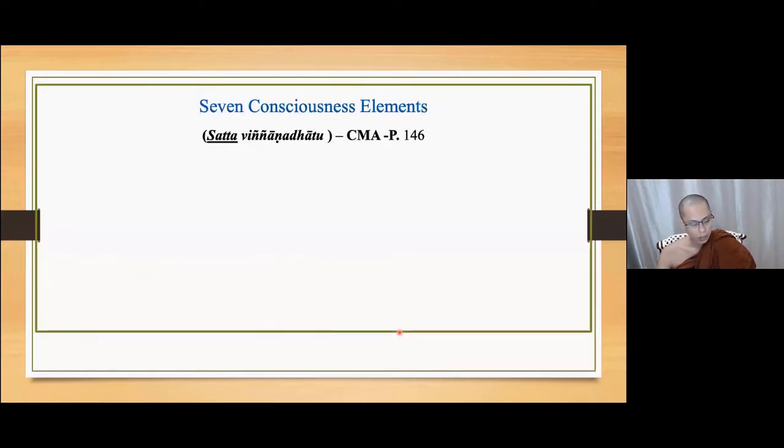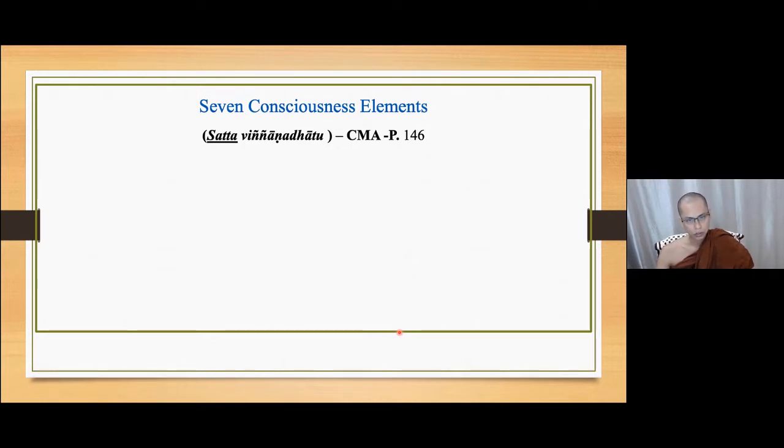And so we have studied in the previous lesson the 7 consciousness elements, as mentioned in chapter 7. In chapter 7, there are 18 elements mentioned to classify the consciousness, mental factors, and materiality.